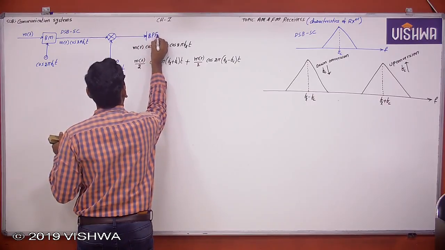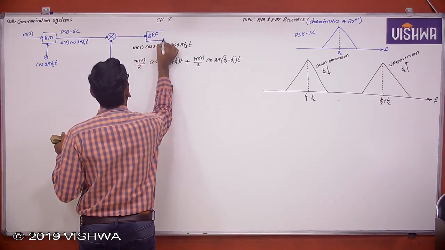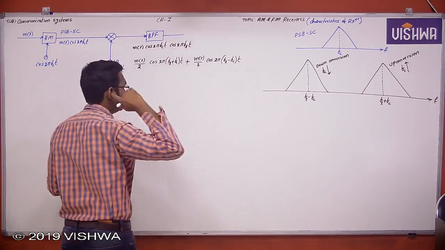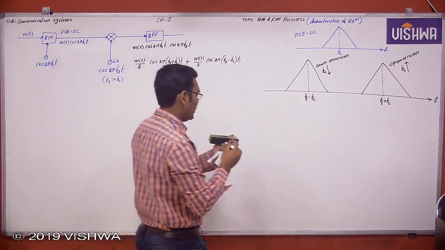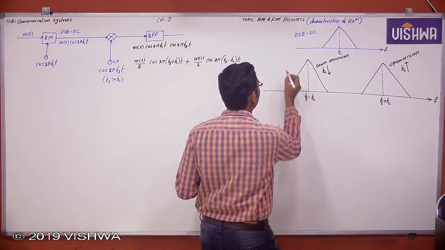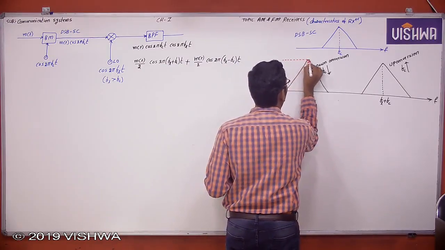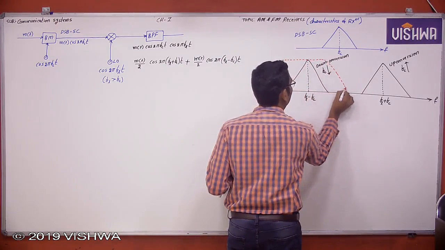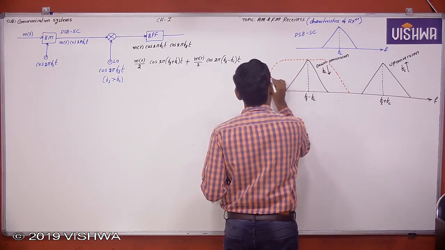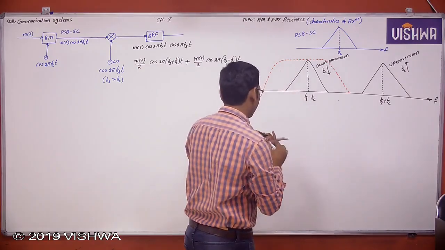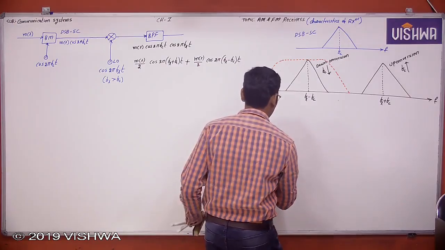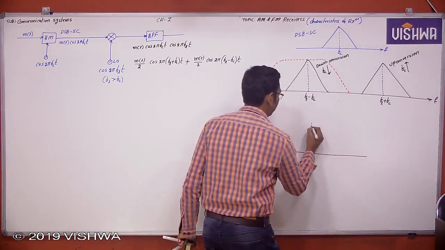This is the band pass filter, so you select the required one. If I design a band pass filter like this to select the down converted signal, you can get back this signal.